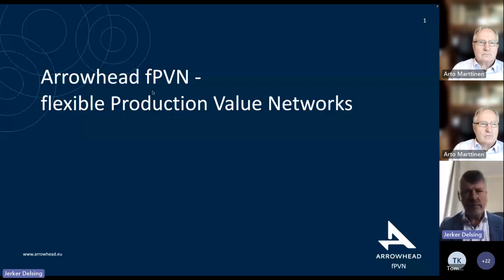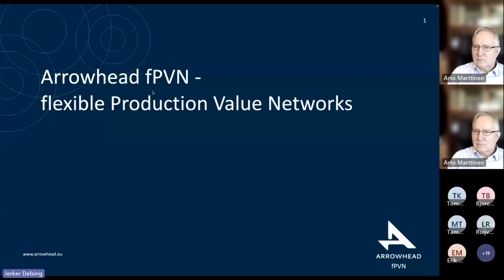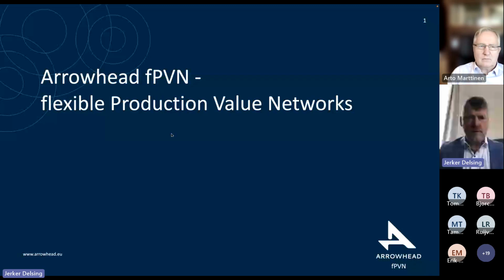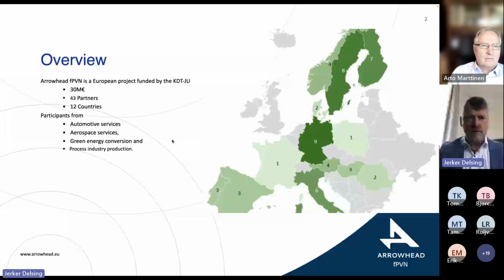So Arrowhead FPVN, Flexible Production Value Network, is a European project funded by the KDT Joint Undertaking Schema in Brussels. KDT means Key Digital Technologies, and as an overview, it's a 30 million euro budget project.